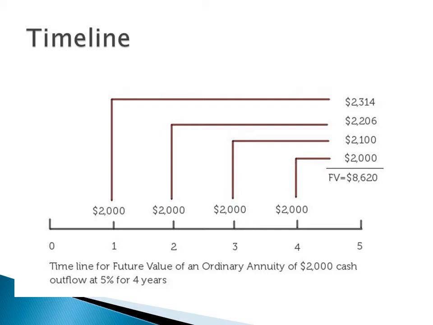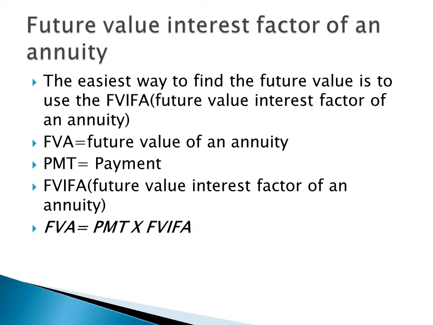And on the next slide, we're going back to utilizing the equations, which will utilize the future value interest factor of an annuity. Now let's go to this slide. The future value interest factor of an annuity times the payment, or that equal series of payments over that time frame, is going to equal the future value of the annuity.